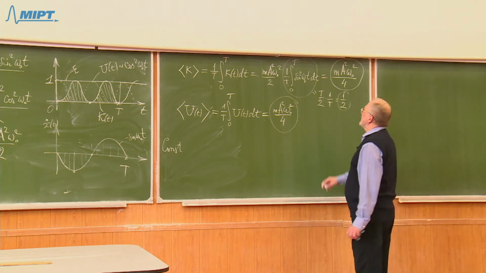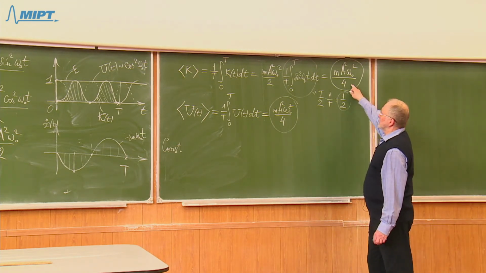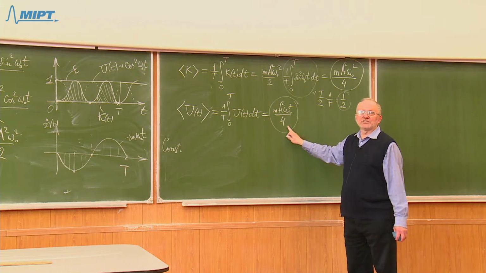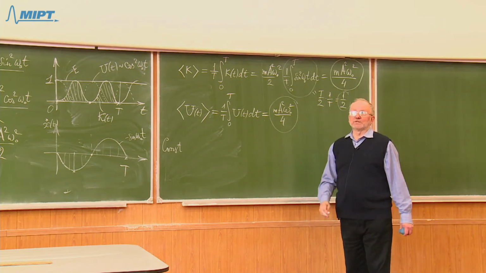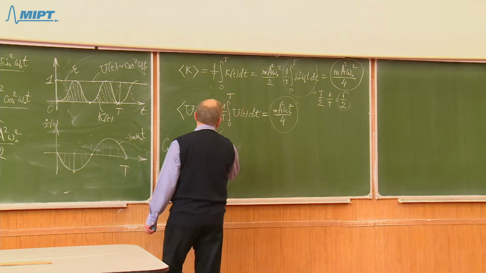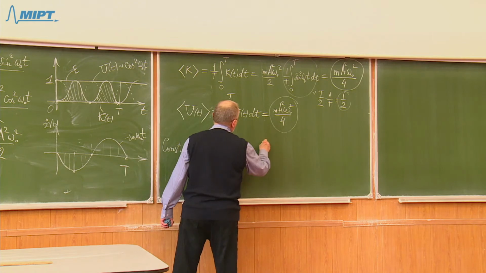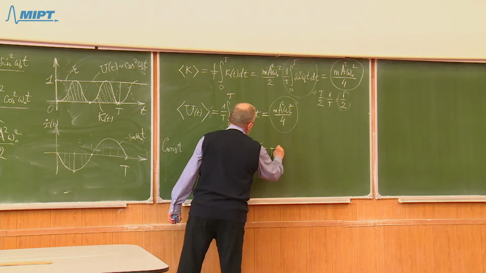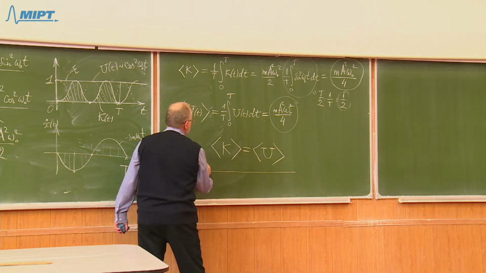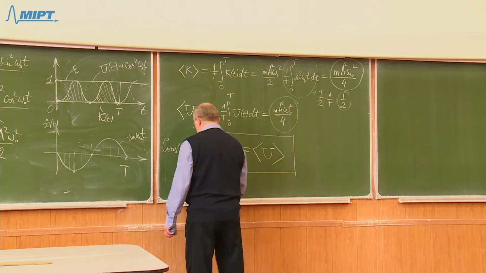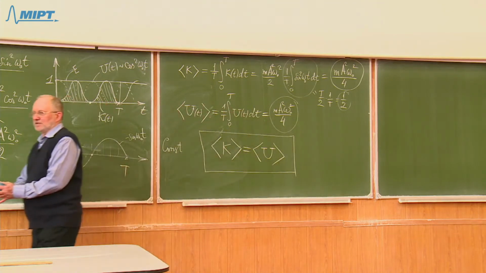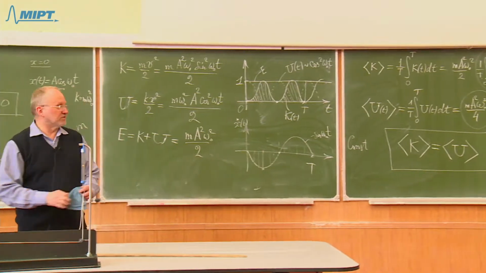The average kinetic energy and the average potential energy turn out to be equal. The average kinetic energy equals the average potential energy. And this is an important statement which will be used next semester when you will study molecular physics.